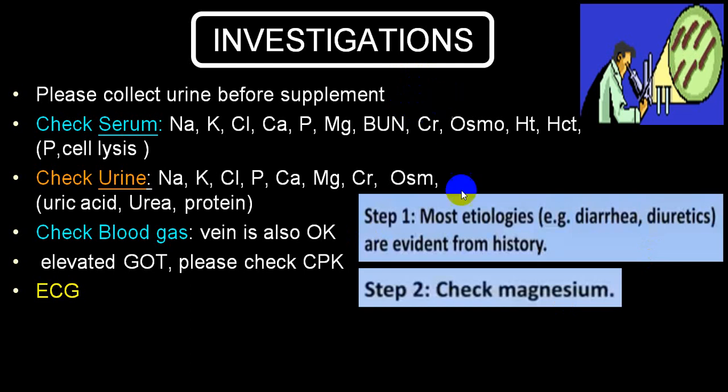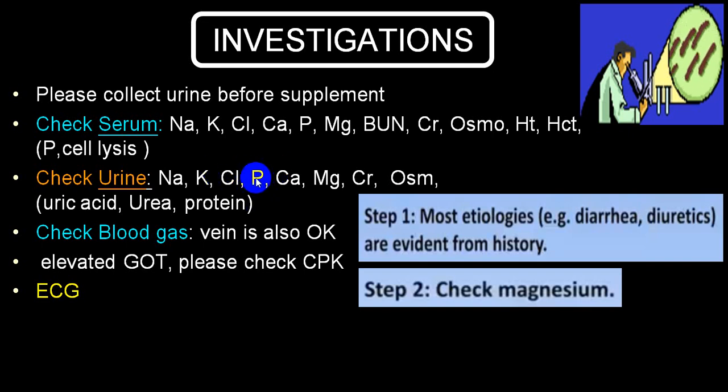As far as investigation is concerned, in step 1 we get a good history, and try to rule out extrarenal causes of loss of potassium like diarrhea, vomiting, diuretics, etc. Step 2, look for magnesium, because a good number of times hypomagnesemia is associated with hypokalemia. Then we look at the serum potassium, we look at the pH, and we look at the urinary potassium, urinary chloride, and urinary pH.